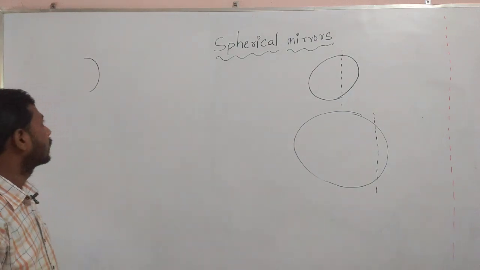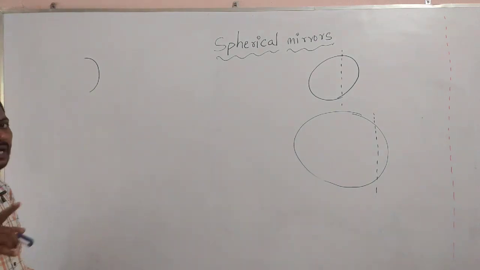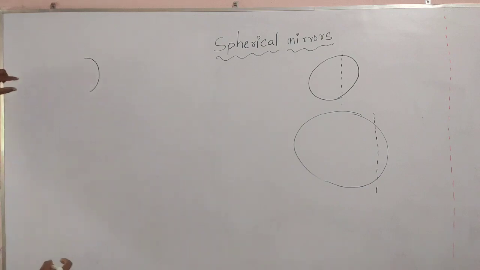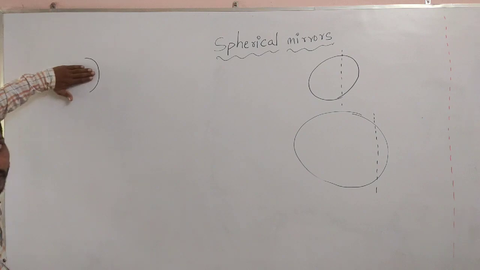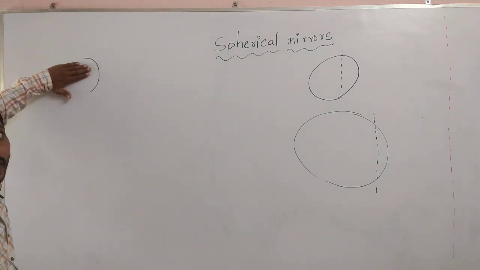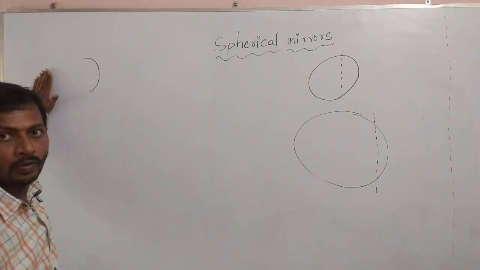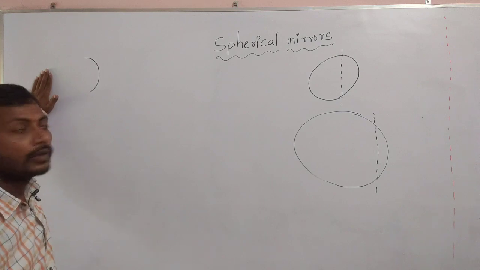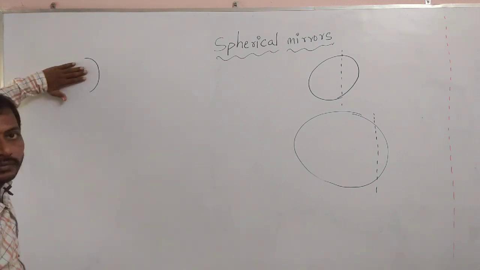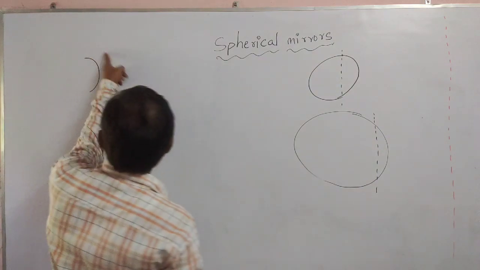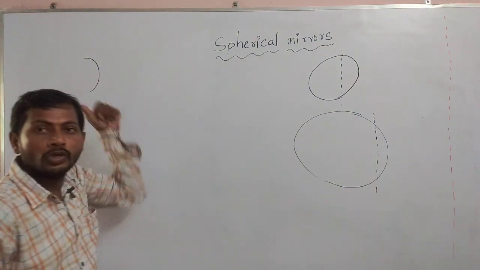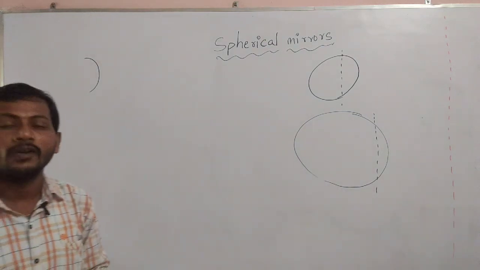Simply I am going to give some names, and how we make the mirror we are going to discuss here. In the previous class I already told you, if you observe clearly, when you come from this side, it is like a cave. Cave means, in Telugu, guha. So this is called the concave surface. When you see from here, it is the opposite of concave, the convex surface.